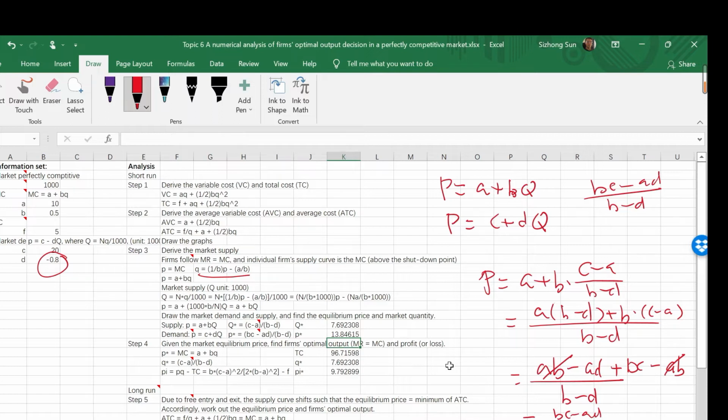Step 4. Given the market equilibrium price, find the firm's optimal output, again MR equal to MC, and the economic profit or loss. So now we equate the market price, which is 13.85, so P star here, to the marginal cost. So we can work out the quantity.